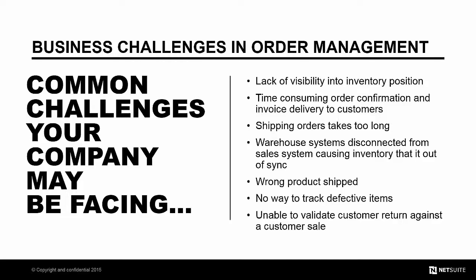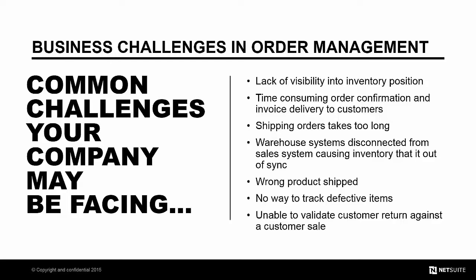Forecasting is manual, time-consuming, and inaccurate, creating blurred visibility into future sales. Order confirmation and invoice delivery to customers is not automated and can affect cash flow. Shipping orders takes too long, and labels are often printed from multiple systems. Returned orders are difficult to track and manage, creating difficulty in validating returns against sales.